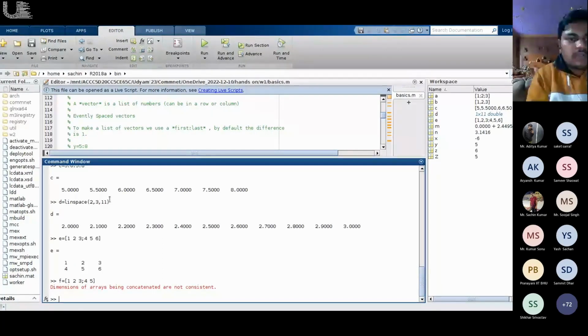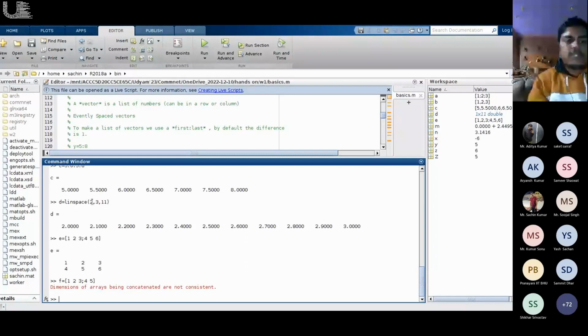So it is creating 11 elements, including 2 and 3. It is creating equally spaced elements. Like what is the gap between 2 and 2.1? 0.1, and 2.1 and 2.2, 0.1. Yes, I understood.